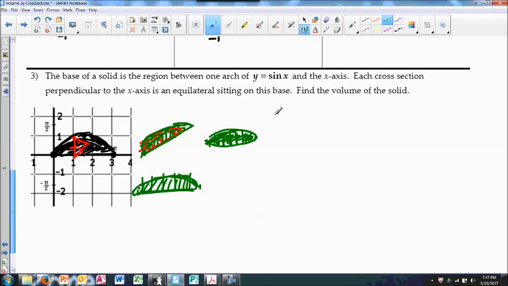So the area of the equilateral triangle is √3/4 sides squared. The length of each of those sides is going to be the top, which is sine of x, minus the bottom, which is 0. Because remember, the x-axis is y equals 0.